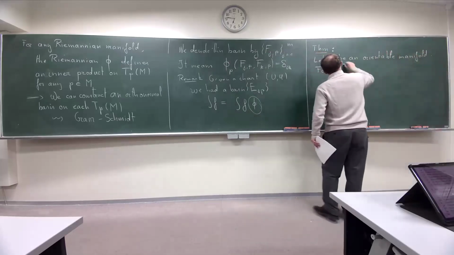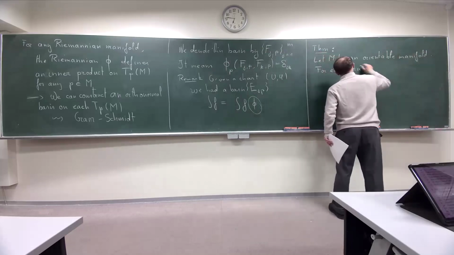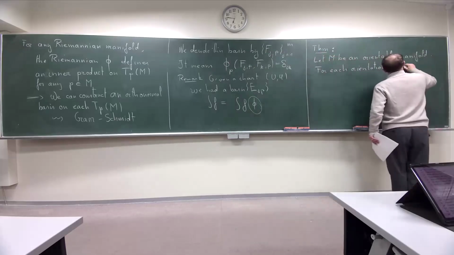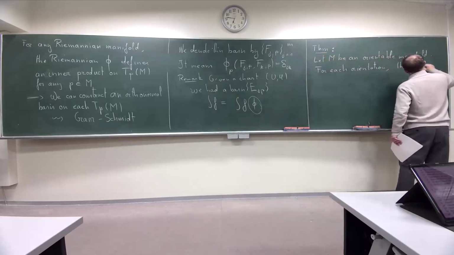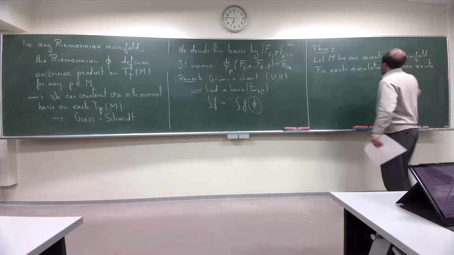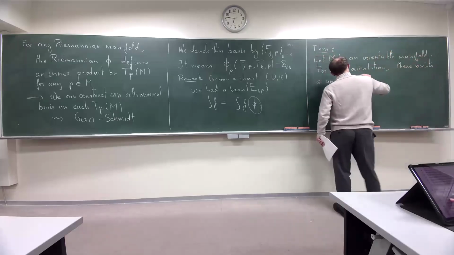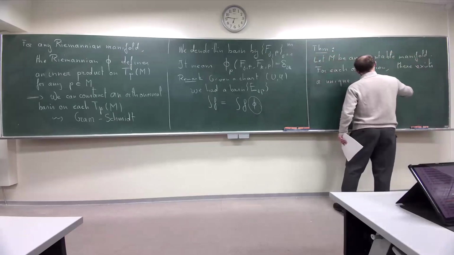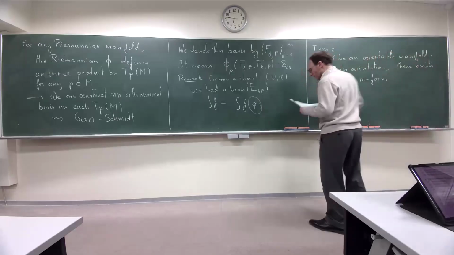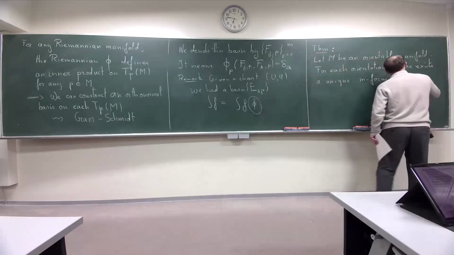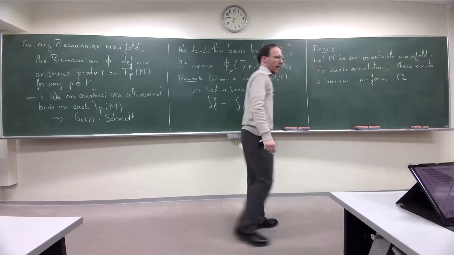For each orientation, and we know that we have only two of them, there exists a unique m-form, which we usually denote by capital omega.